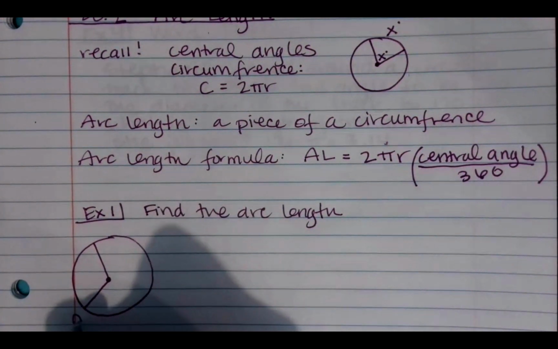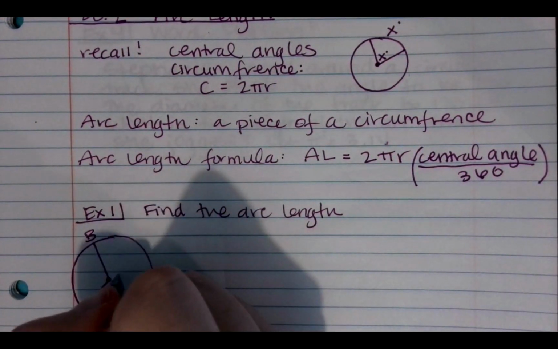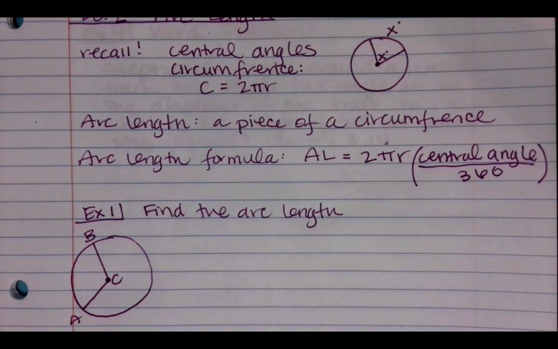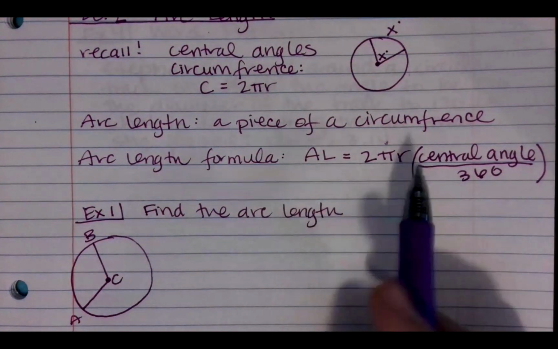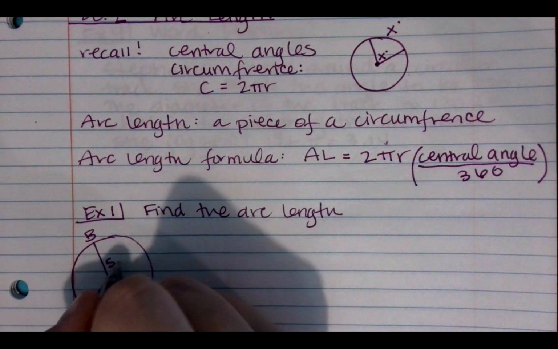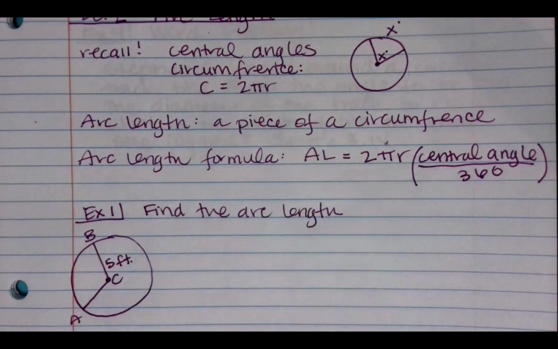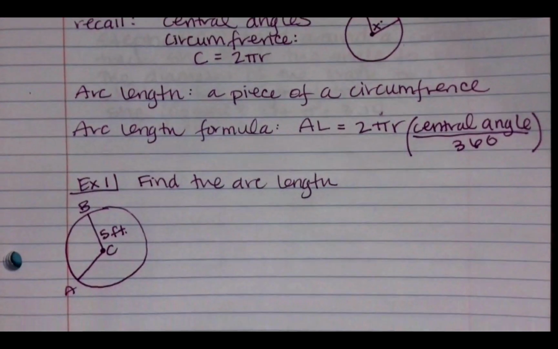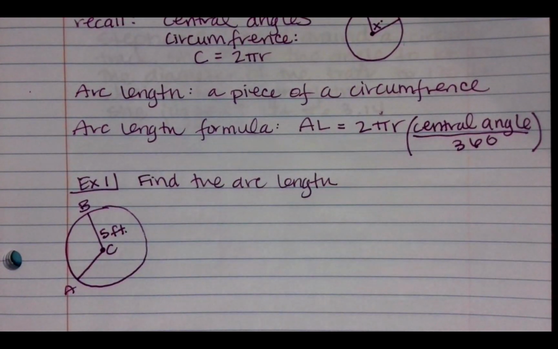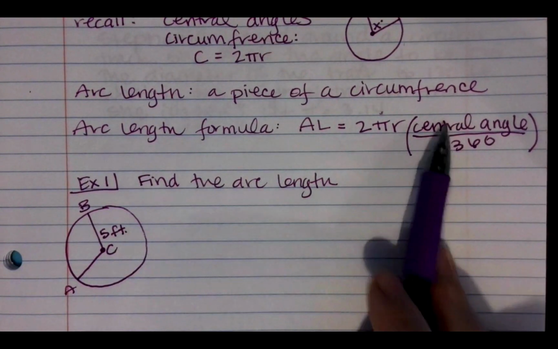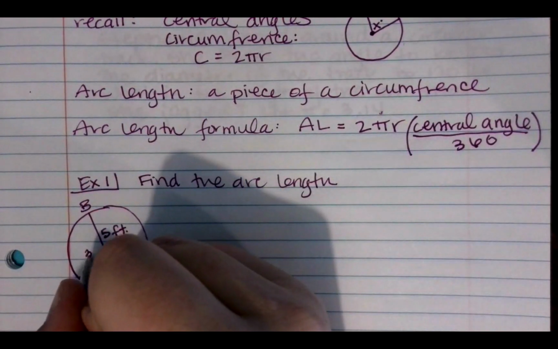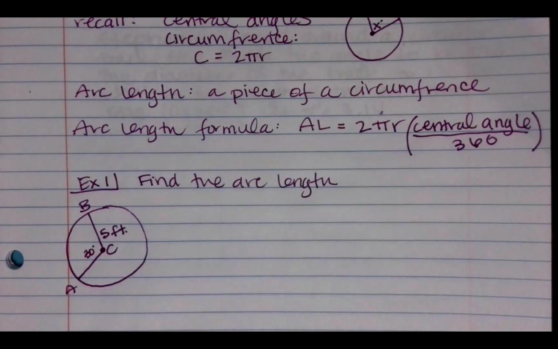I'm just going to label everything A, B, and C. So we need a couple of things. We need a radius on this guy. We're going to say that it's 5 feet. We are going to have units on all these answers, so I just encourage you guys to keep track of your units. We also need to know this central angle. So I'm going to say that this is 30 degrees. And that's all we need to know. We are good to go.